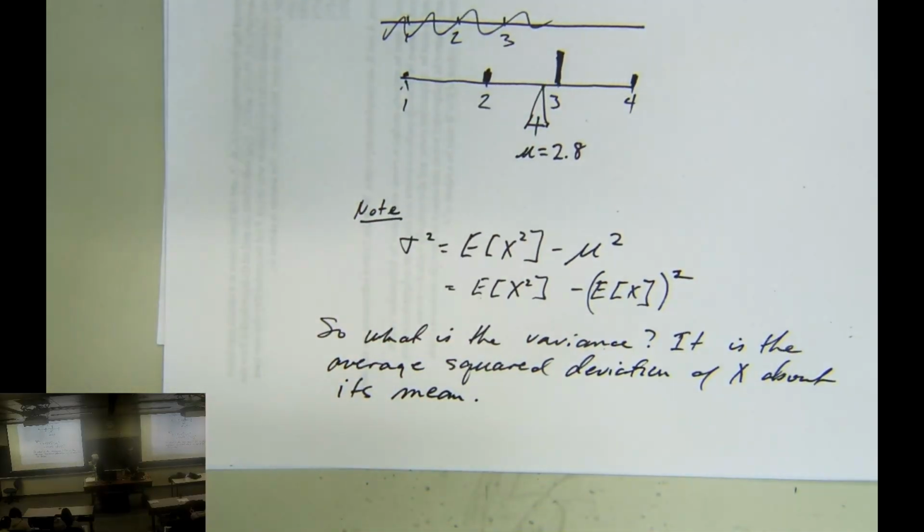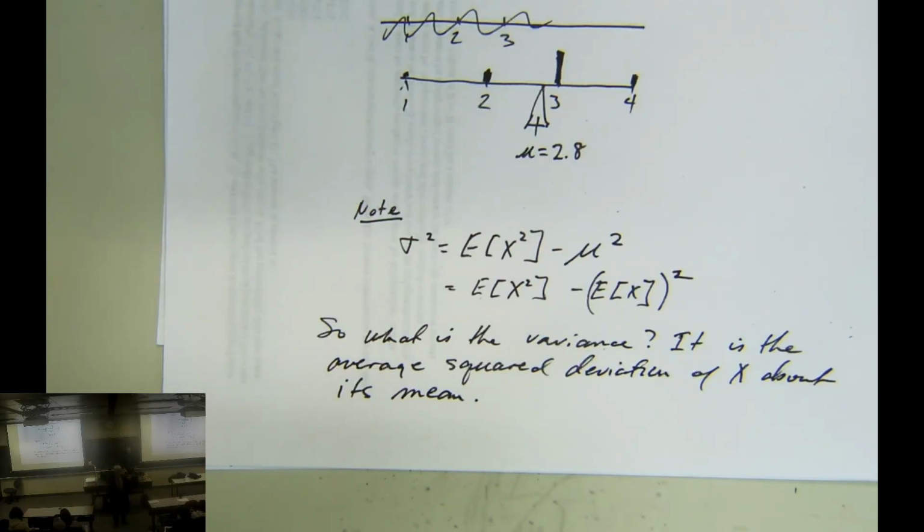The variance is the average squared deviation of x about its mean. And that leads us to an interesting question: why am I looking at the average squared deviation about the mean? Why don't I just look at the average deviation about the mean? That seems like a good idea.